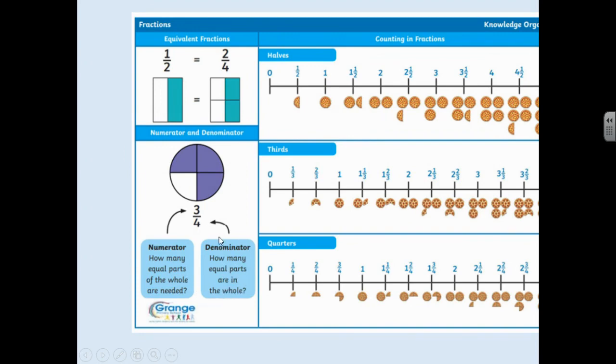So it's best to look at the denominator first. In this case there are 4 equal parts, 1, 2, 3, 4. So the denominator is 4, and you can see that 3 of them have been shaded in. So that is the numerator, 3, and this is how we write 3/4.